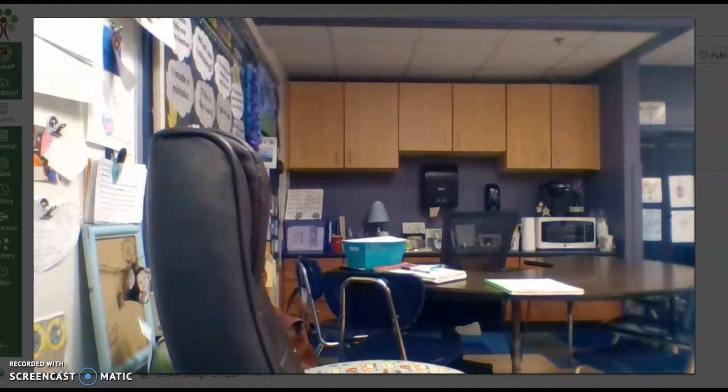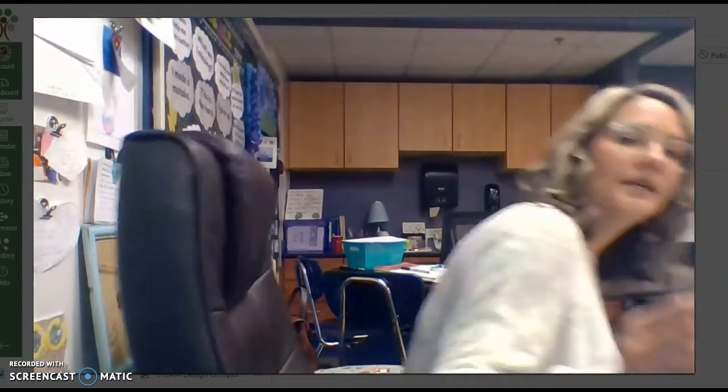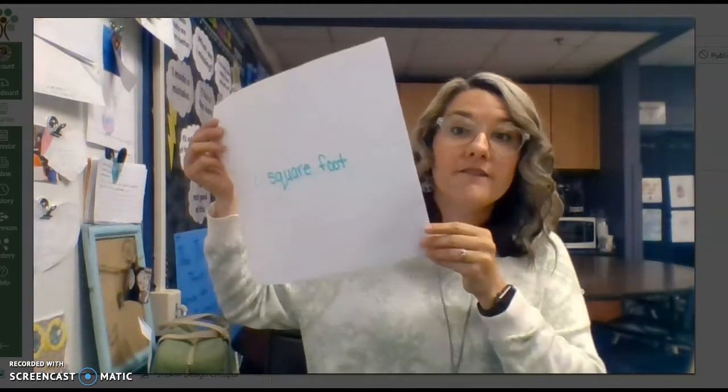So this first one is a square inch. That means that each side of the square's measurement is 1 inch. So would we want to use these to think about ordering a new rug for our classroom or for your room? It's a little small, isn't it? This right here is 1 square foot.